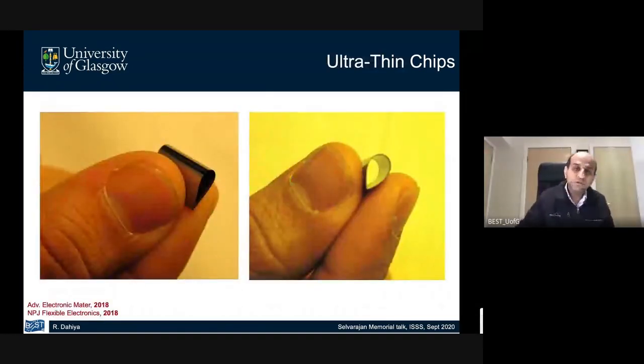So in doing so, we obtained silicon chips that you can see. It is ultra flexible. This is 2 centimeters long and 1.5 centimeters wide. This is a bare silicon chip. This is a silicon chip on PDMS. We noted that the substrate plays a huge role in terms of bendability. If the substrate is softer, then silicon can be more bendable than when it is present on stiffer substrates such as PET.